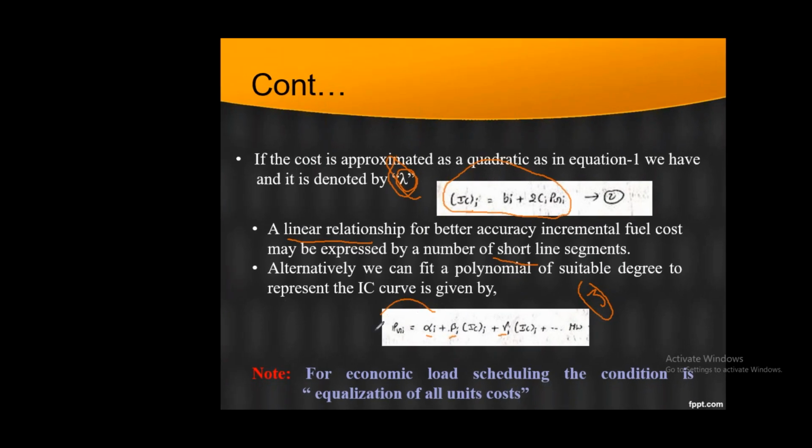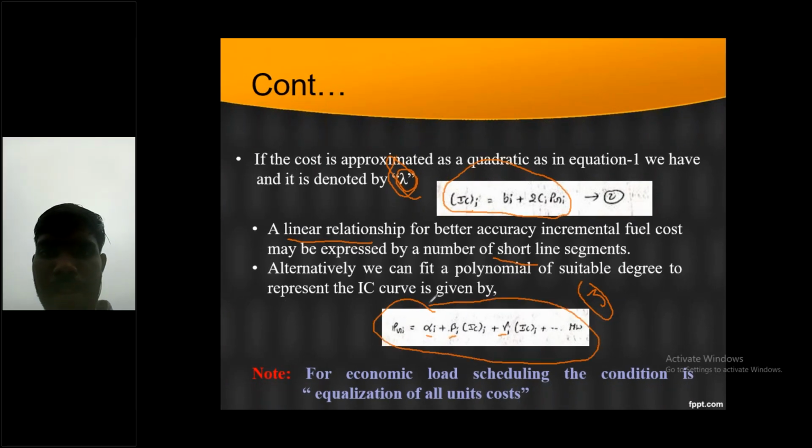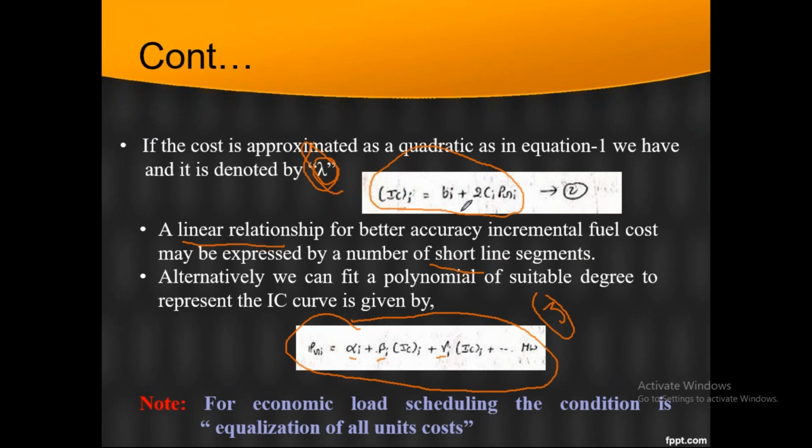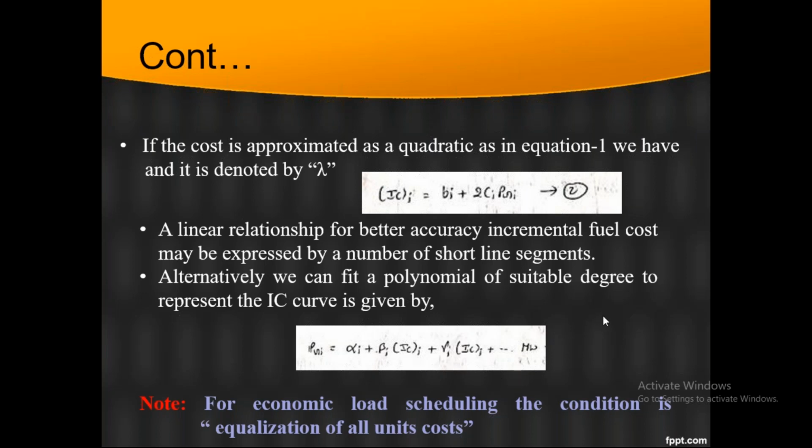So this is the cost equation for the unit, and this is the incremental fuel cost equation for the particular unit. And there is one condition. Suppose you want to find the economic load scheduling. Then we have to equalize the incremental costs of all units.